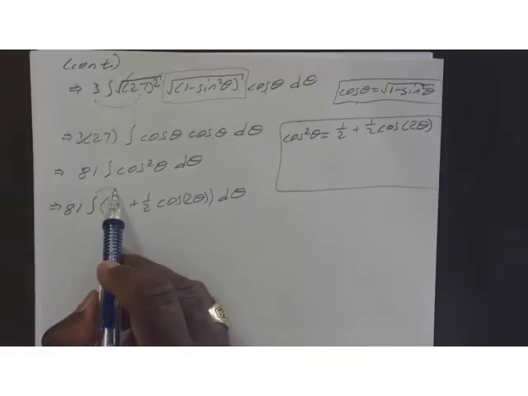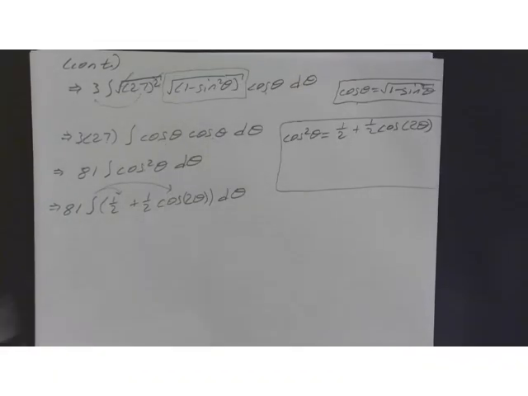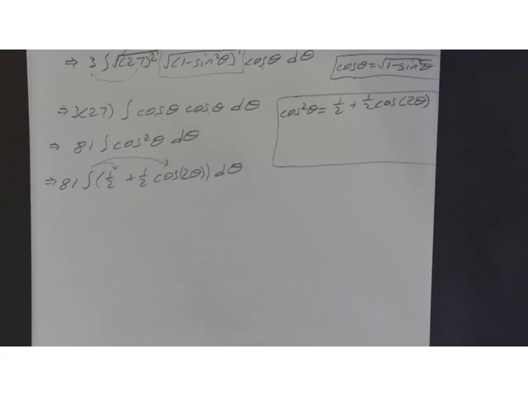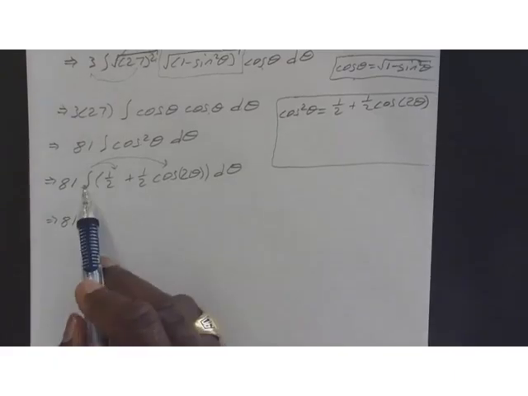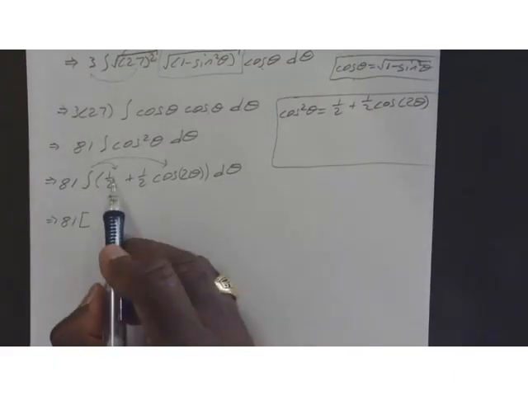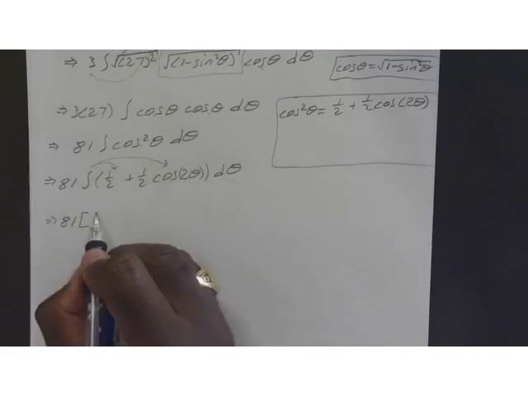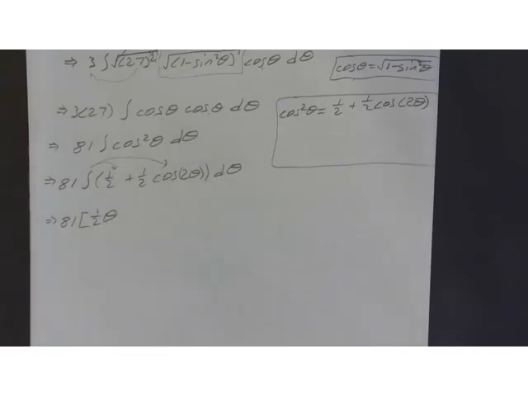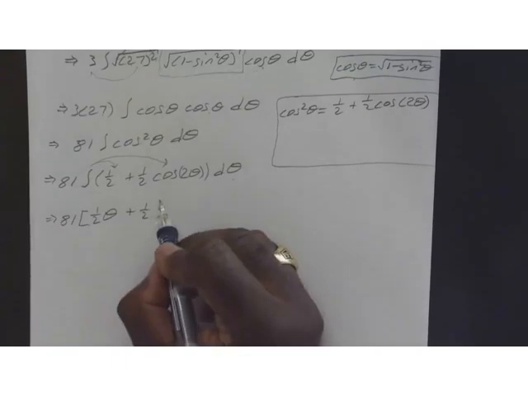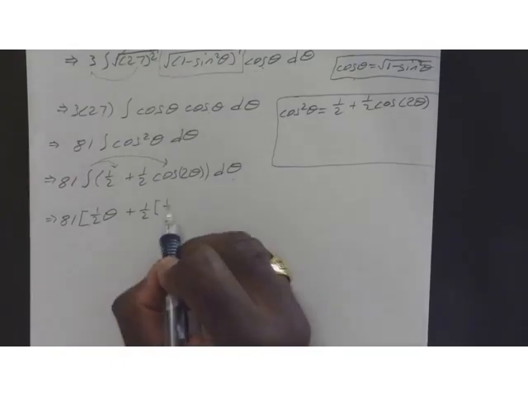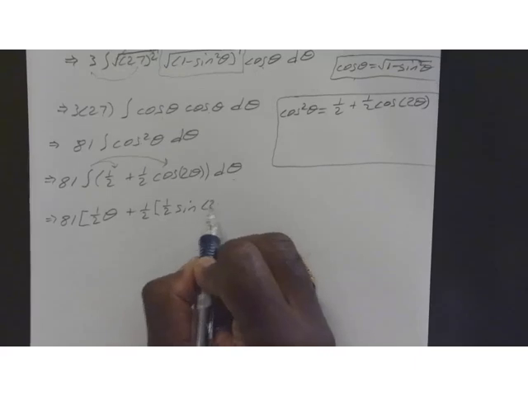Okay, so now we just have to find the integral of each term. That's 81 times the integral of 1/2 with respect to theta is 1/2 theta. Plus 1/2 times the integral of cosine of 2 theta is 1/2 sine of 2 theta.